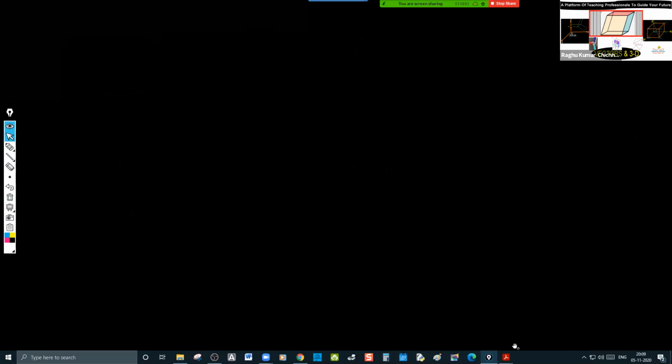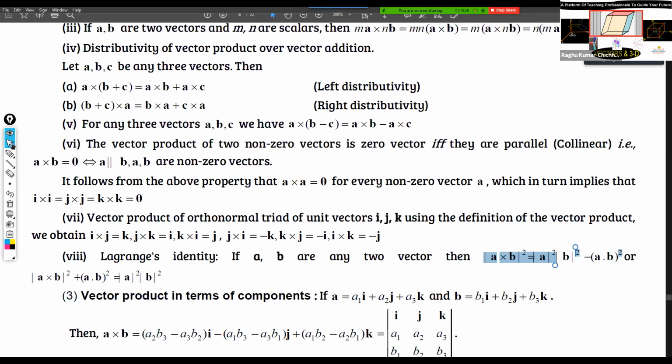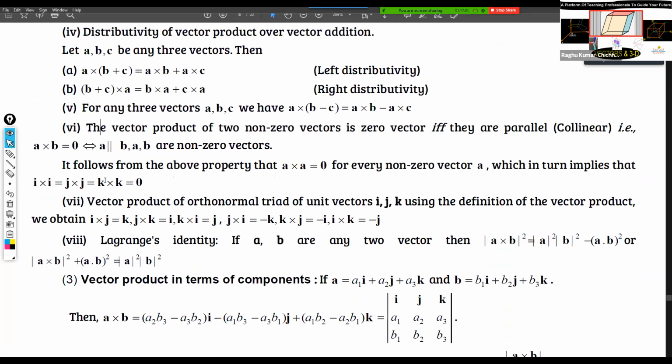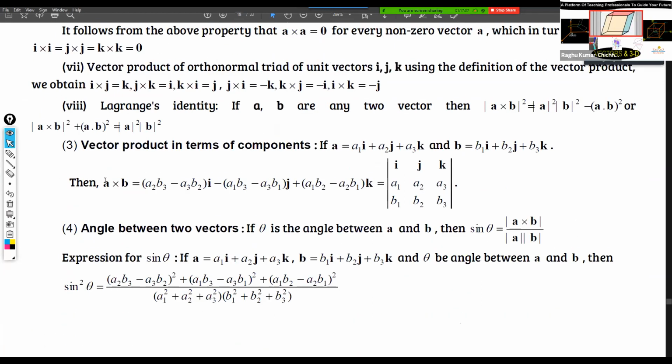Now, that's about the cross product of IJK.